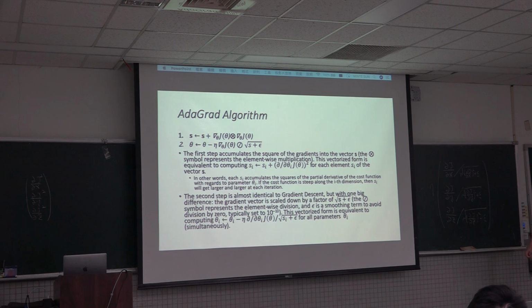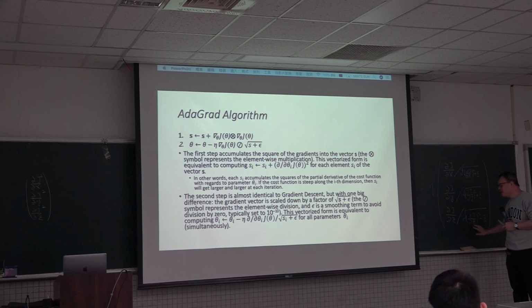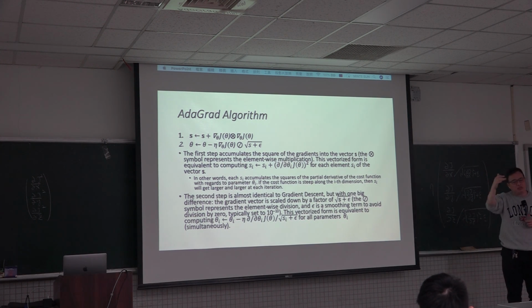If this term is big, it's going to be divided by a bigger value. If this term is small, it's going to be divided by a smaller value. So after this operation, pretty much each term will have similar value. I'm not saying they'll have equal value, they will have similar value.